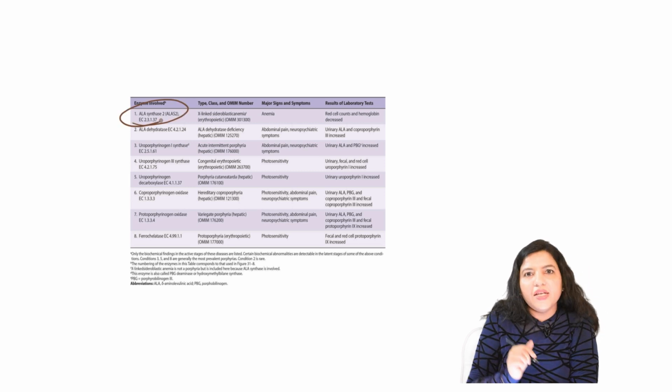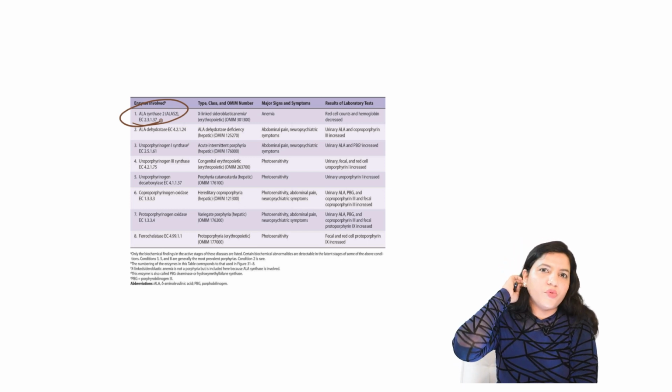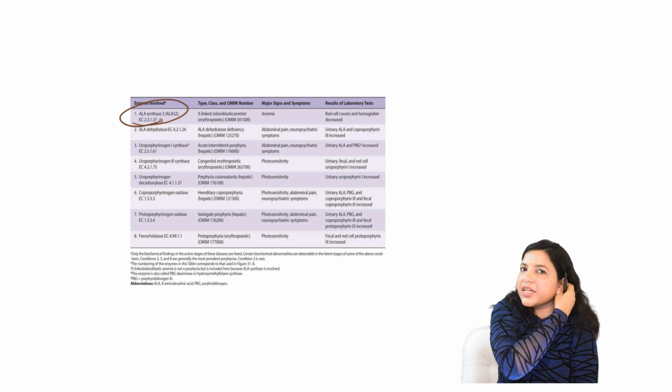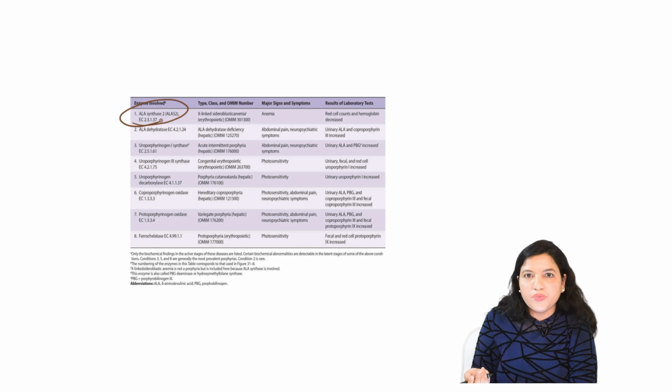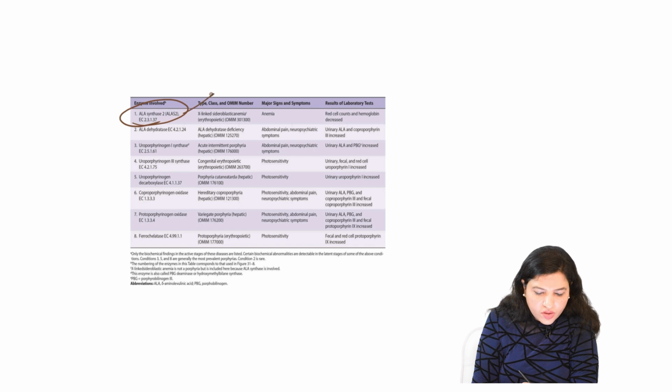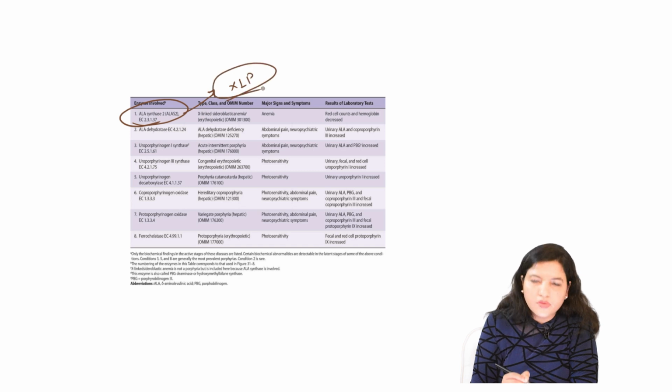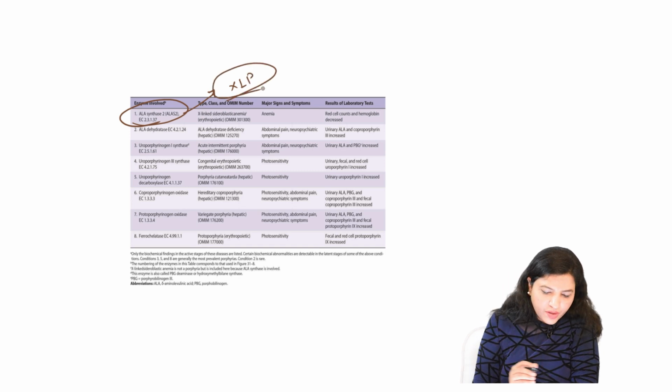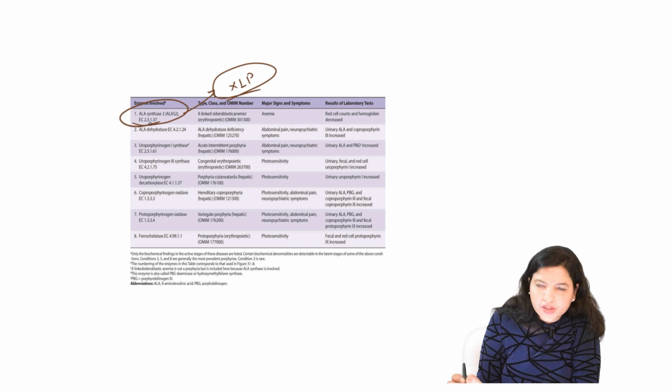ALA synthase deficiency will not cause any porphyria, but there is a mutation which can happen where there is a gain of function mutation. If there is a gain of function mutation, then that can cause X-linked protoporphyria. That is a different entity.